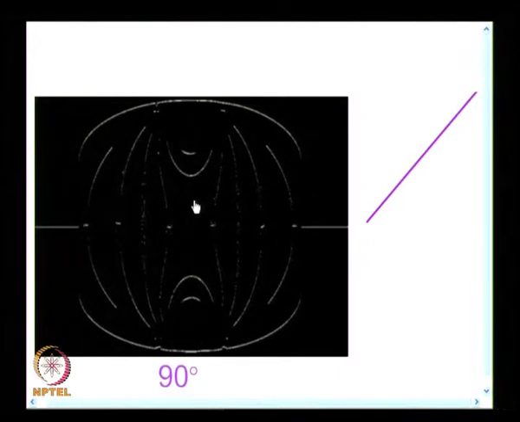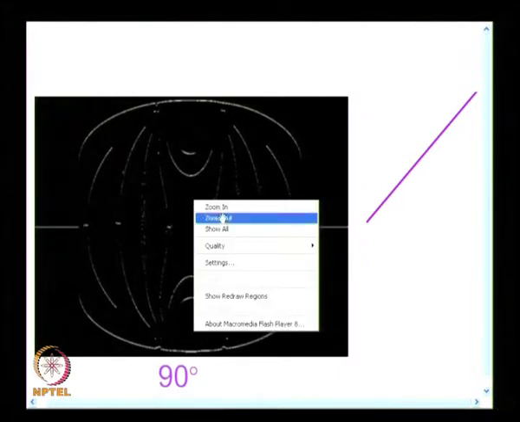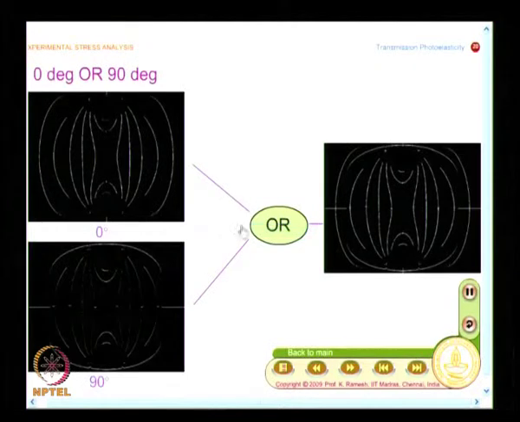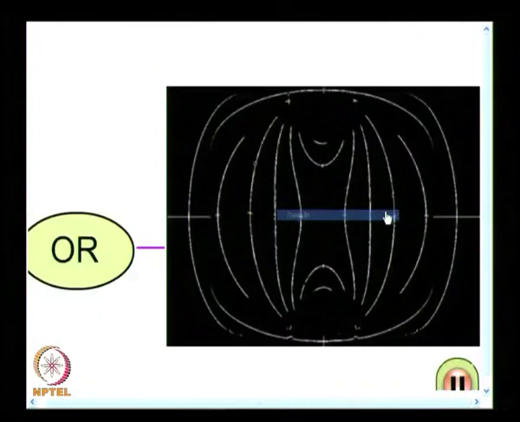So, now what I do is I take a logical OR operation of these two, and I get a fringe skeleton which is reasonably complete, but it still has noise, you have unwanted information like this.